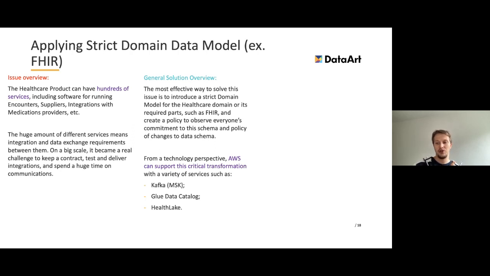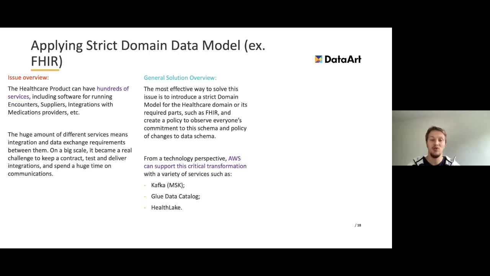So when we're speaking about it from a technical perspective, it means that we need some standard of how we are storing our data to move it easier. Because of that, there are some standards, and one of them is FHIR. You can apply it on your data model to solve this issue.